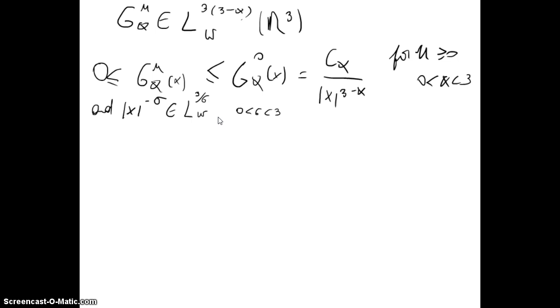Okay, so it is bounded by a function that is in L weak. So if g mu alpha is in L weak, then we can use it to bound the norm with the weak Young's inequality.